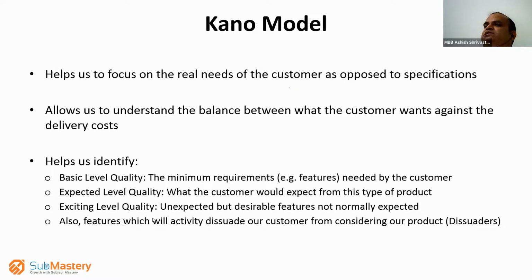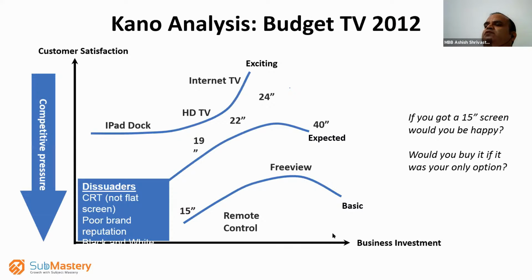expected by the customer. Okay, so if you are giving them the exciting features, definitely you are attracting more and more customers. This is an example, like in 2012 when TV was coming, like plasma TV and other types of TV came into the market. Then definitely, what are the basic things required in a TV?